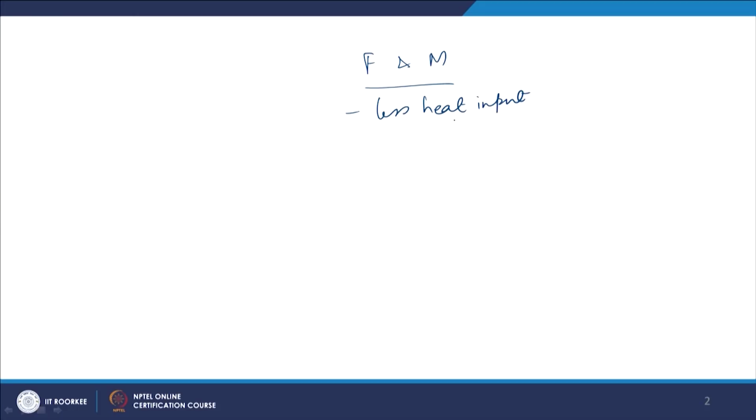Then preheating and post weld heat treatment are very much desirable. So, post heating is desirable.